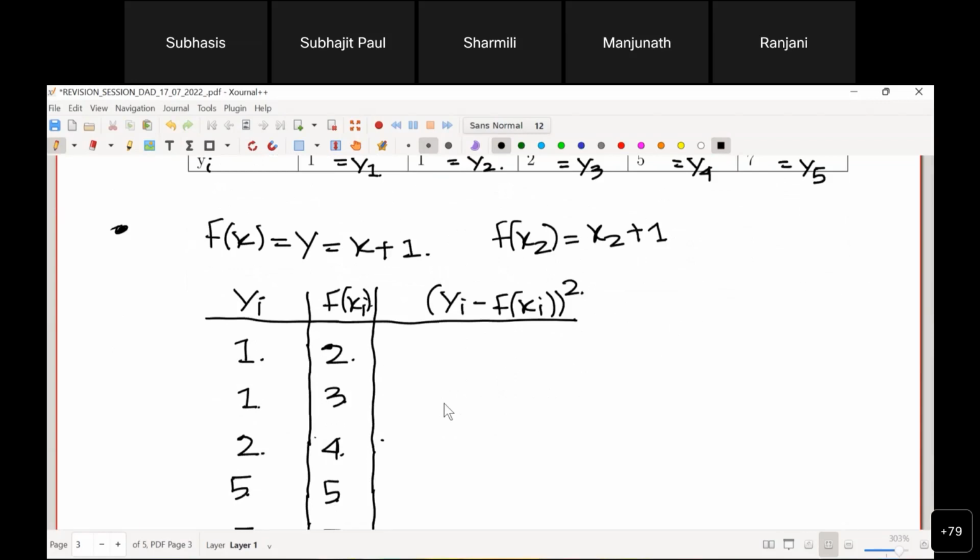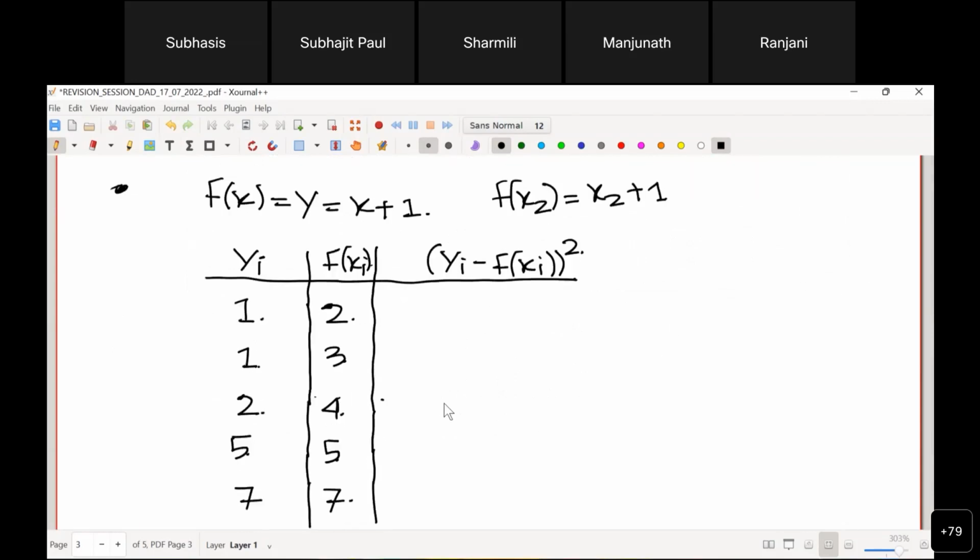The next task is we need to find the difference of yi and f of xi, and take the square. So this is nothing but 2 minus 1 square, which is 1. It doesn't matter whether you take yi minus f of xi whole square or f of xi minus yi whole square, since you are taking the square, eventually you will get the same thing.